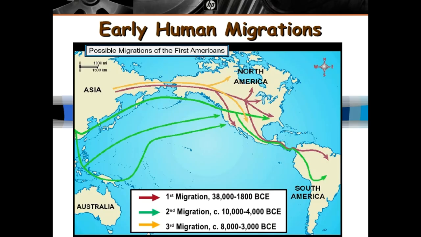Now, the last time we really looked at the Americas was way back in Unit 1 and Unit 2 when we were still talking about the early human migrations, right?